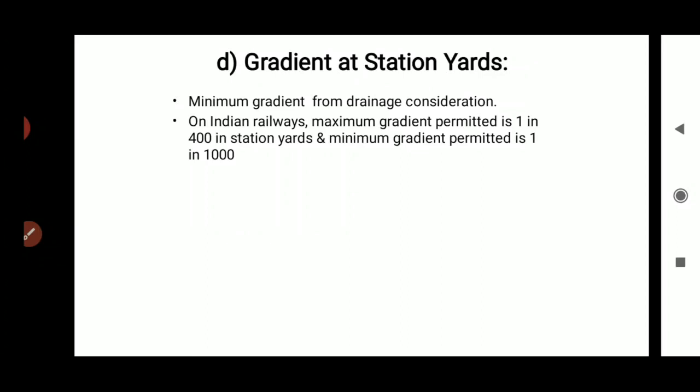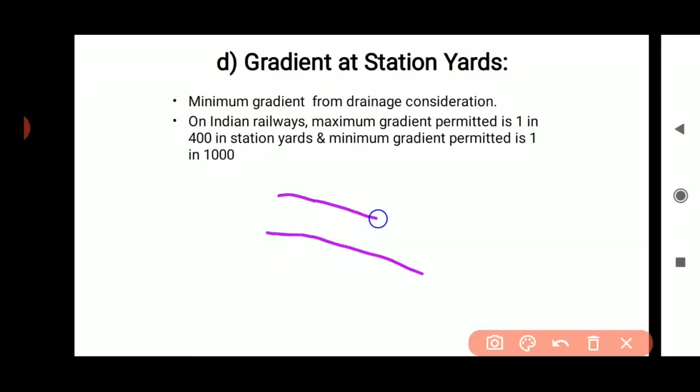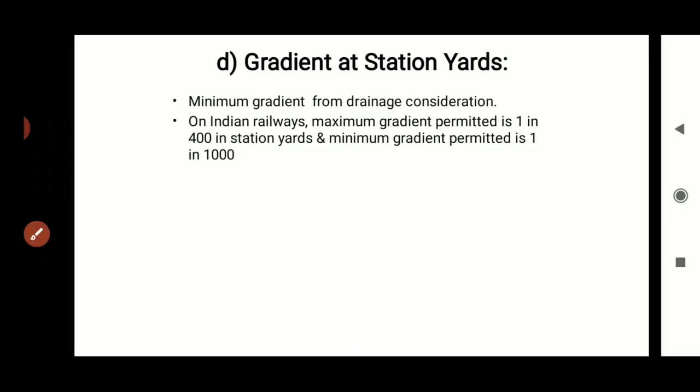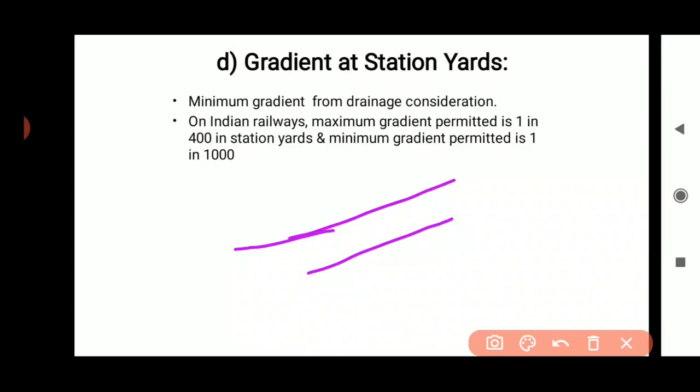Also, when the train starts to move, generally a falling gradient is provided. When the train starts to move, if we provide a falling gradient, it will be easy for the train to move. But if we provide a rising gradient when the train starts to move, then the train will require more power to start and to move on this gradient.